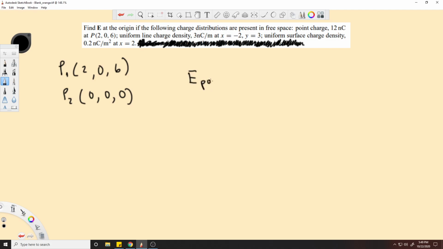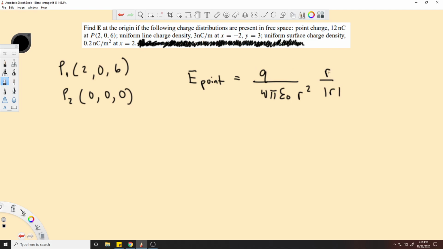So we know that E of a point charge is going to be equal to whatever that charge is, over 4 pi epsilon naught r squared, times some unit vector of r, right?